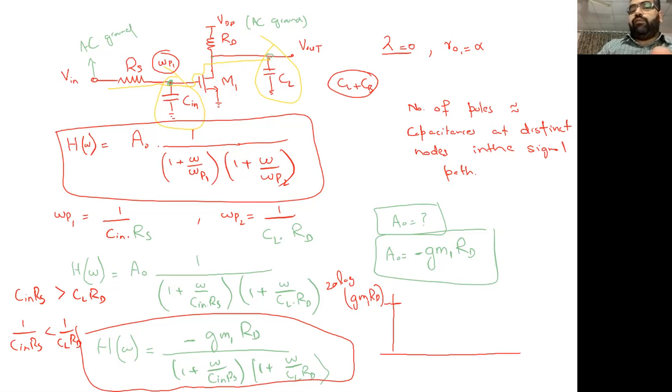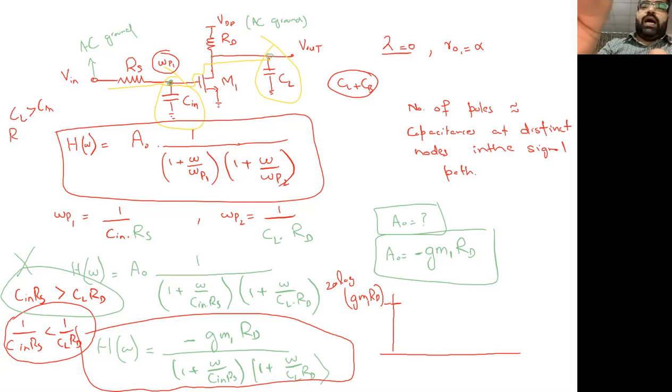So we need to identify which is going to be the dominant one in our configuration, and then we can see which one is going to affect the configuration ultimately. But the rule of thumb is that normally this is not going to be true. Most often my CL is a bigger value as compared to C in, and my RD is a bigger value as compared to RS. So all the time the product of CL and RD will be bigger. That's why ultimately 1 over CL RD will be less, and that will be the dominant.